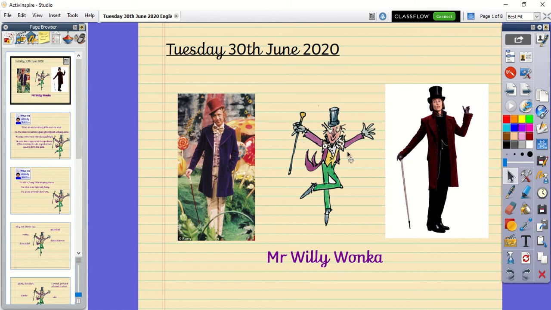Okay, so three different pictures of him, but pretty much all wearing the same thing. They've all got a long plum coat. They've all got a top hat. Okay, I think this one and this one have got a bow tie. Okay, so just only a very few differences.